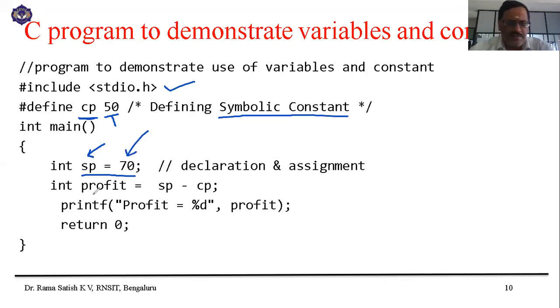Now, profit is equal to selling price minus cost price. You're doing some operation to find the profit. The same profit, whatever you have stored here, you're displaying using this, and finally you're returning the value.